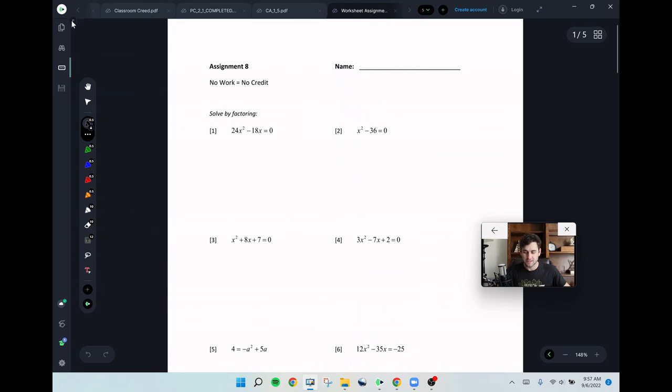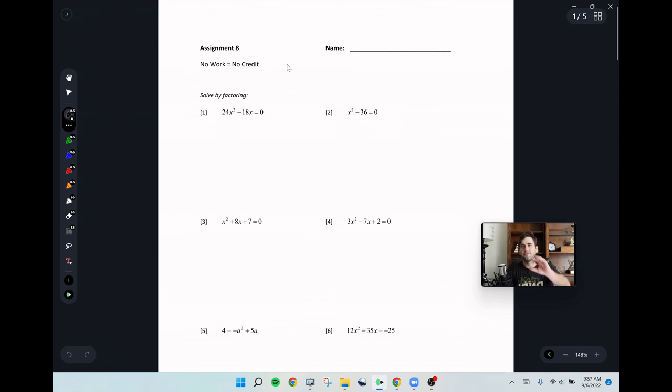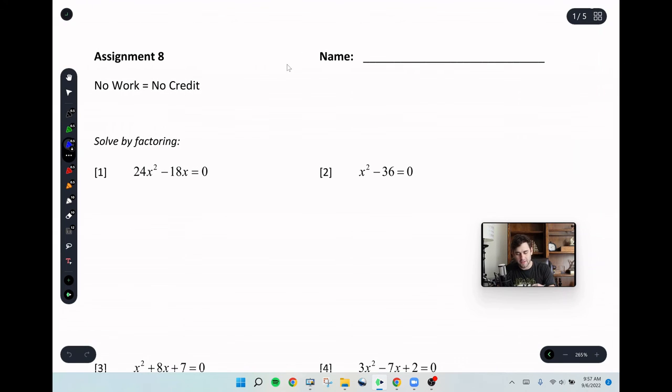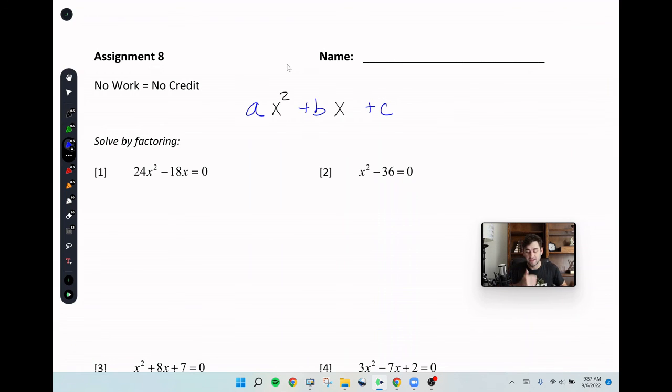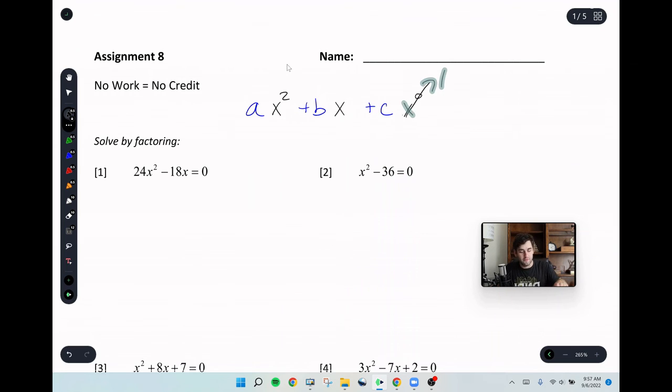All right, so the first type of problem, actually before we even start, it's important to think about the typical equation that you would be factoring, because these might look a little bit different. We've got a coefficient with an x squared term, then another coefficient with an x term, and then a final constant, also a coefficient if you think about the term behind it of x to the 0, which turns into 1, if you remember those exponent laws.